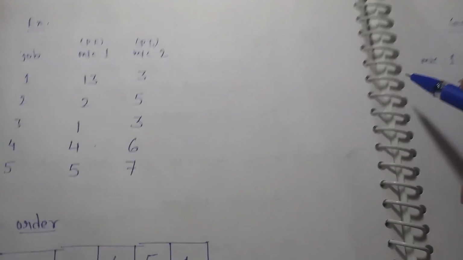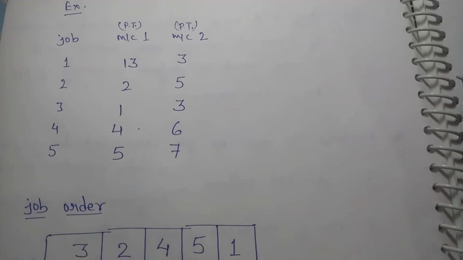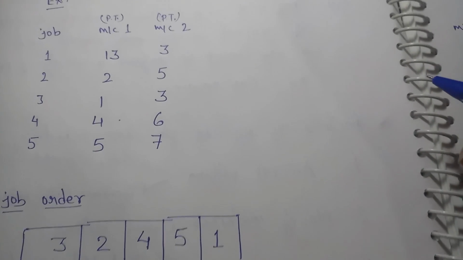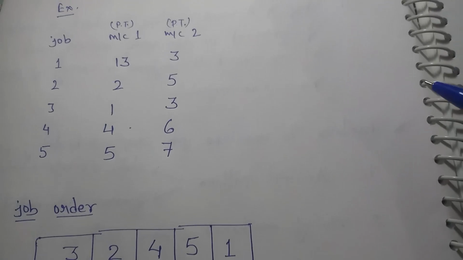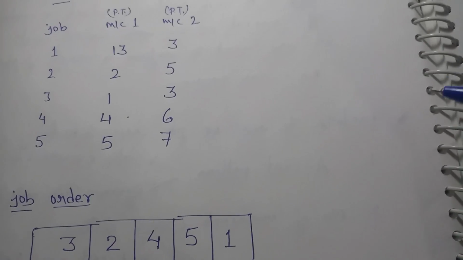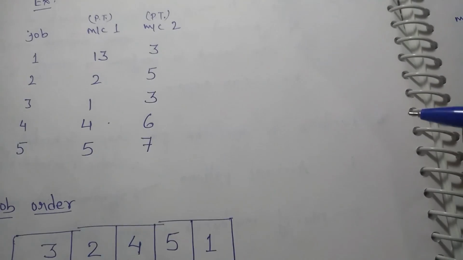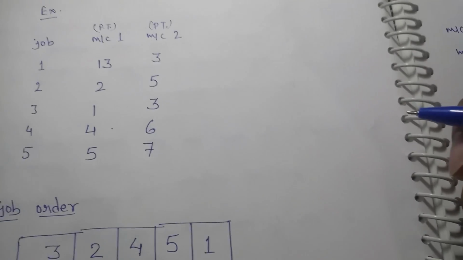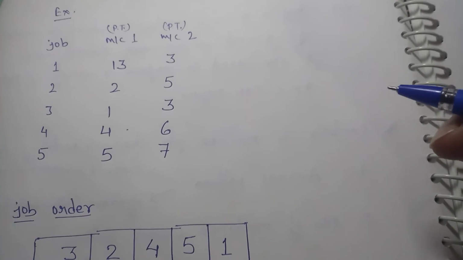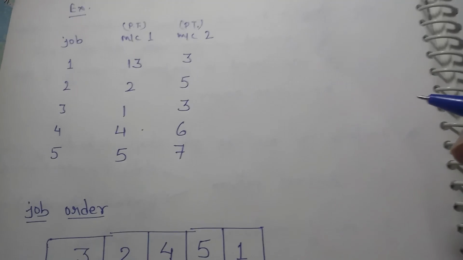Now we take a problem related to n jobs on two machines. For solving n jobs on two machines, students basically face the problem of how to select the job order and how to get the makespan time.